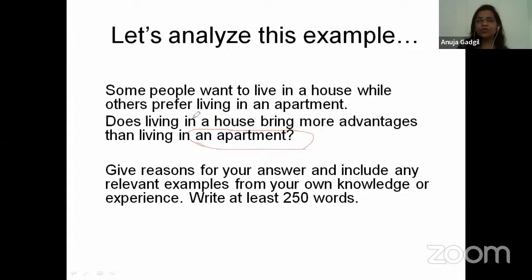Question. You are analyzing this. Opposite thoughts: living in a house, living in an apartment. Contrast. Opposite ideas. How you are putting opposite ideas together, how you are comparing the data. Let us see this.